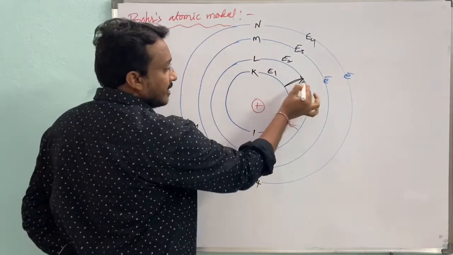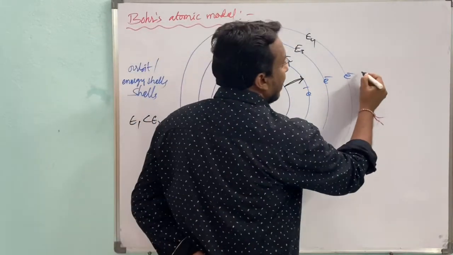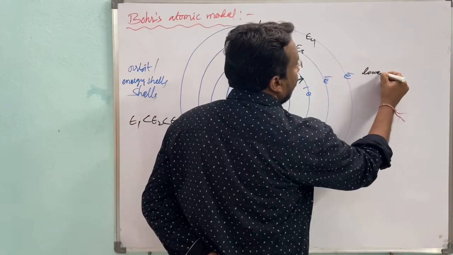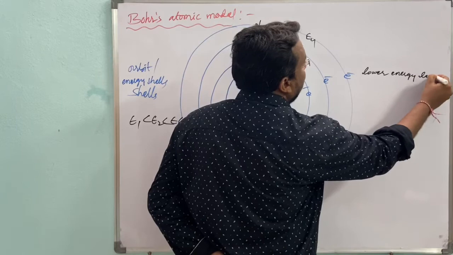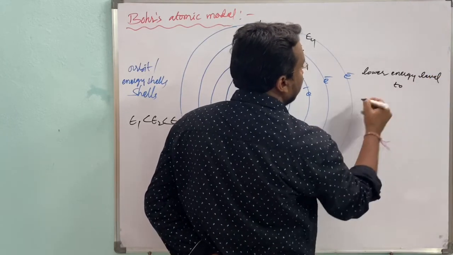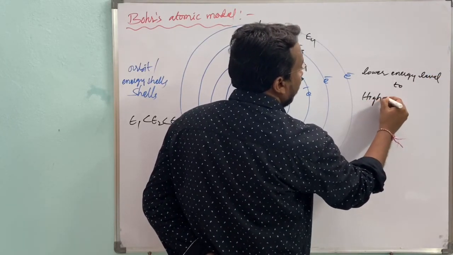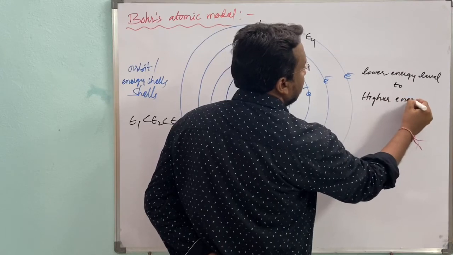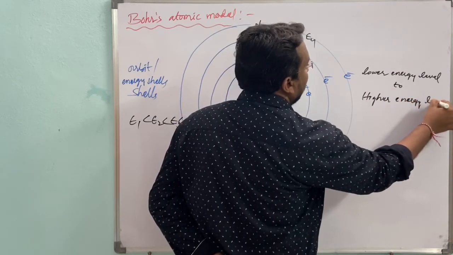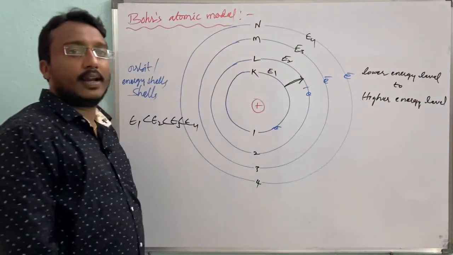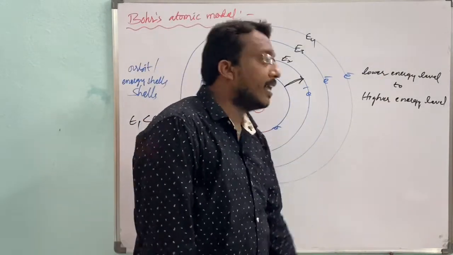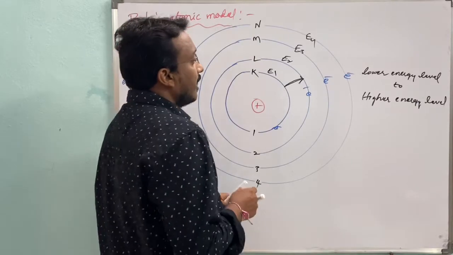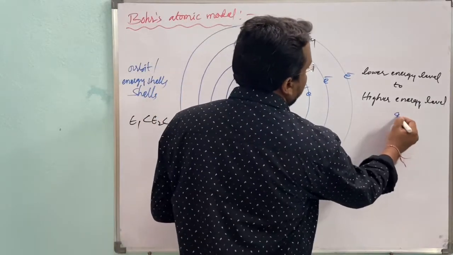Here the electron jumps from a lower energy level to a higher energy level. When an electron jumps from a lower energy level to a higher energy level, it gains energy.